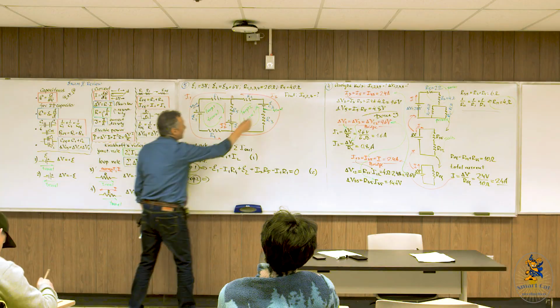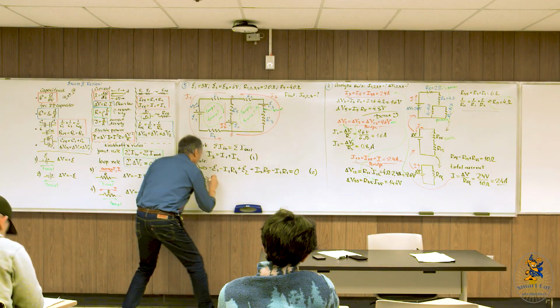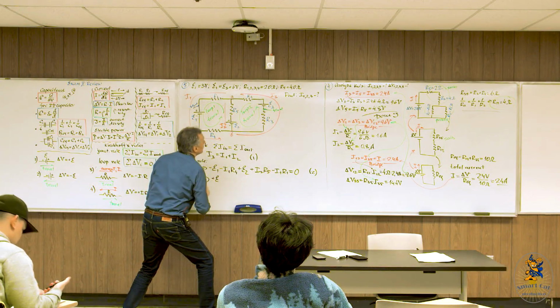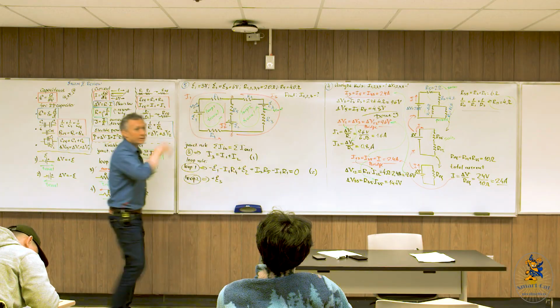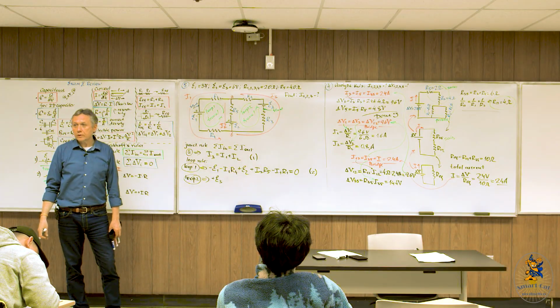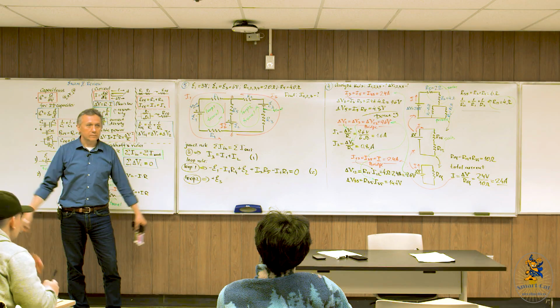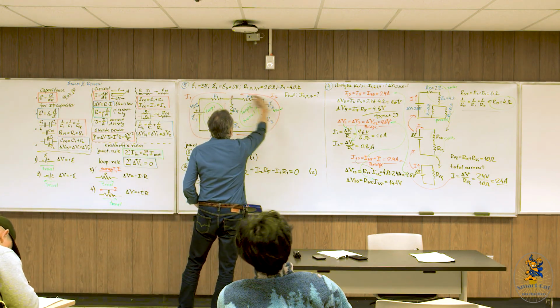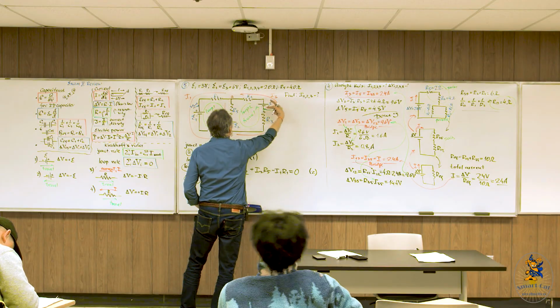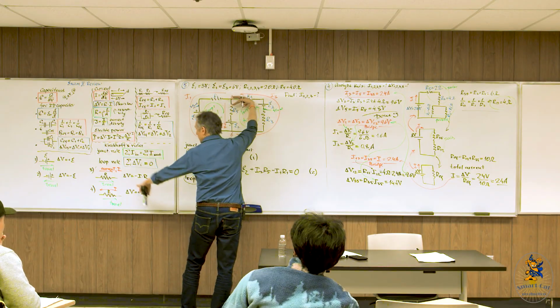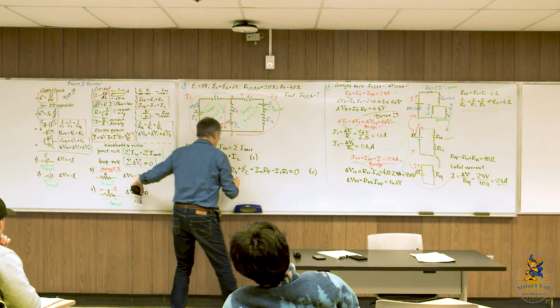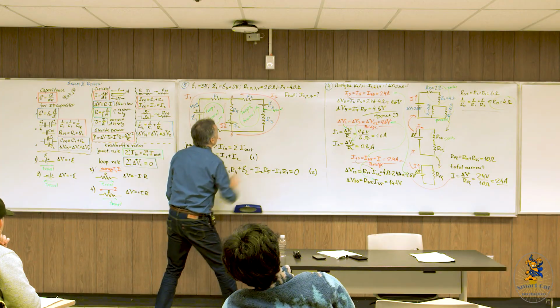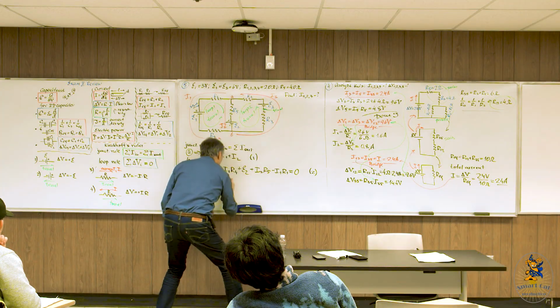Plus, yeah, from minus to plus, so contribution is positive, plus EMF 3. Okay, I will write the rest of the terms myself, right? So it looks like you're comfortable with this. So then this resistor, current that way, travel that way, so directions are the same, contribution must be negative. So it's a minus I3 R2.